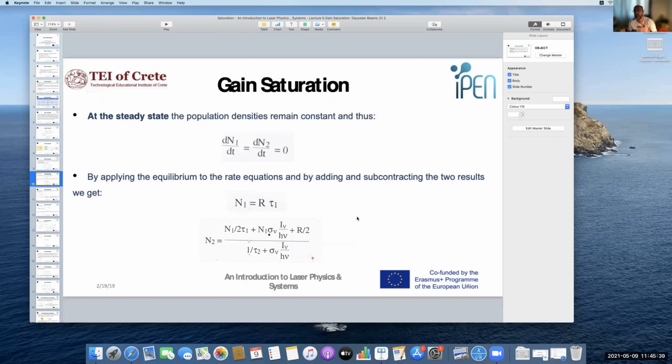In mathematics, this means that the populations of energy levels E1 and E2 do not change. The derivatives over time are zero.